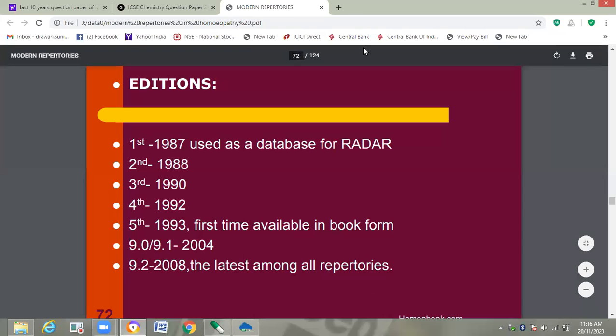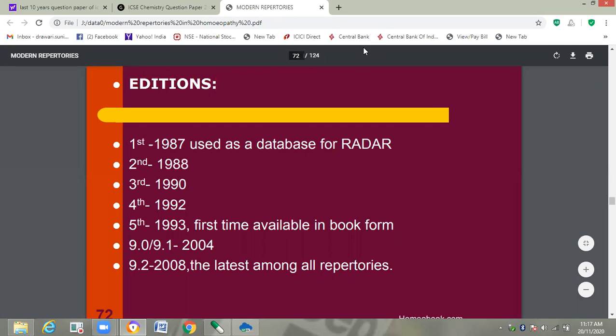About 9 editions of this repertory were published, and this is the latest and contains most of the medicines, a very useful repertory. Kent's advanced version.